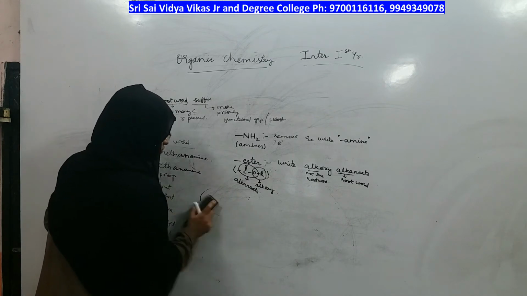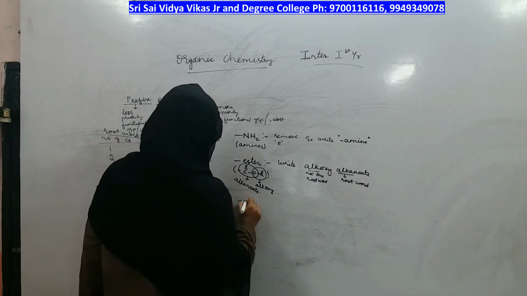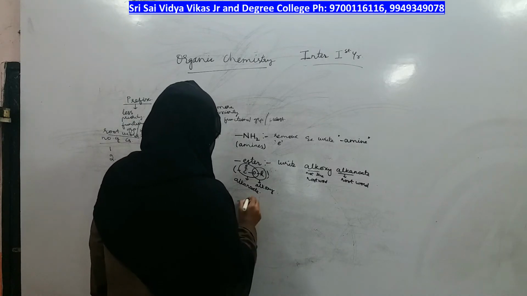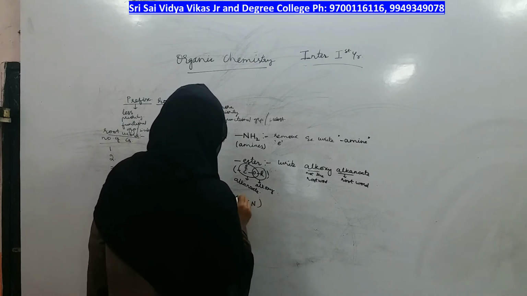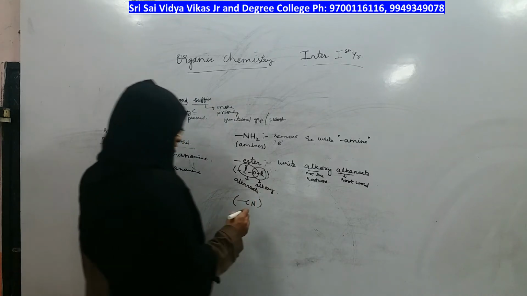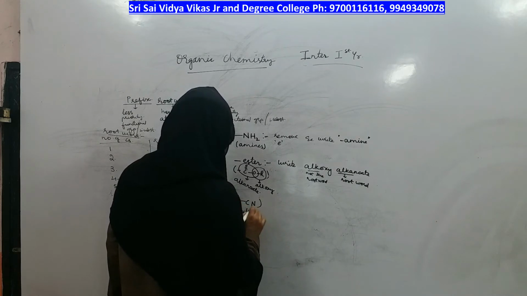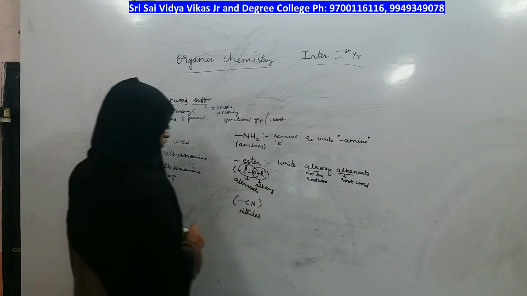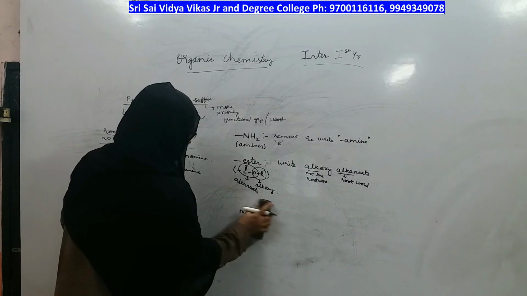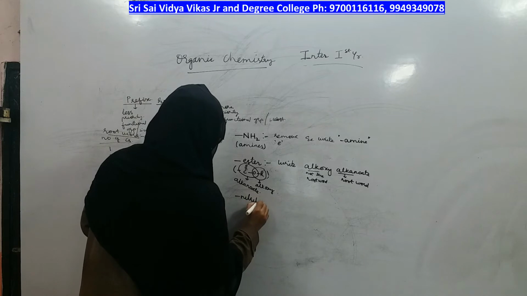Next we will go for the CN functional group. What does it mean by CN? Nitriles. I will write the name as nitrile and then the formula, CN.